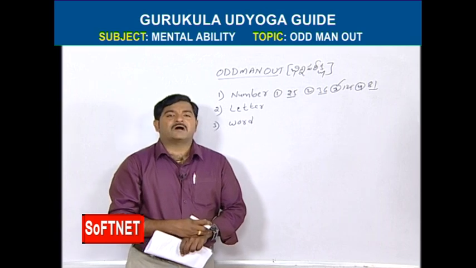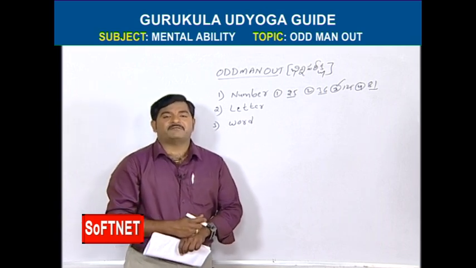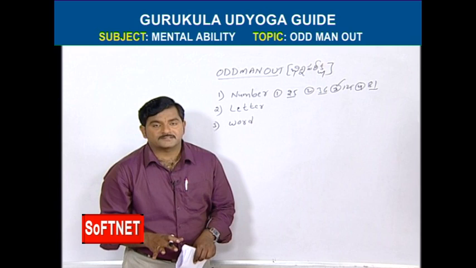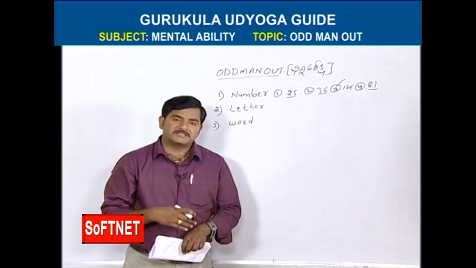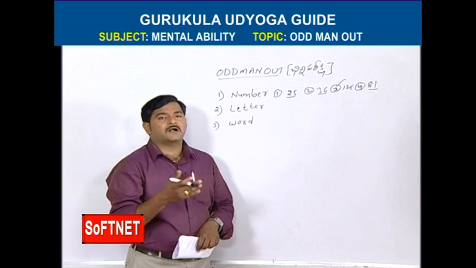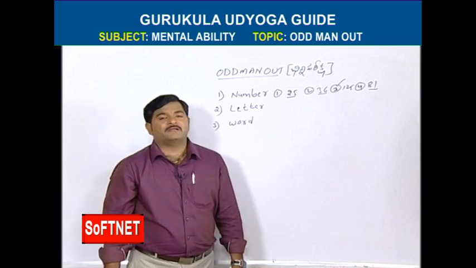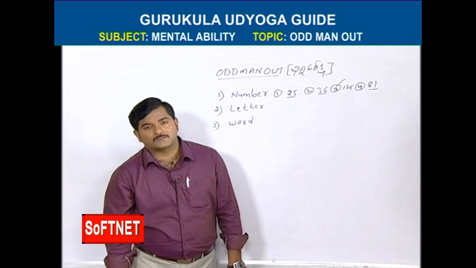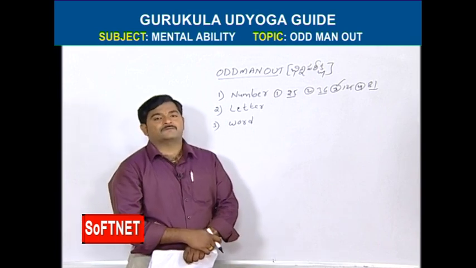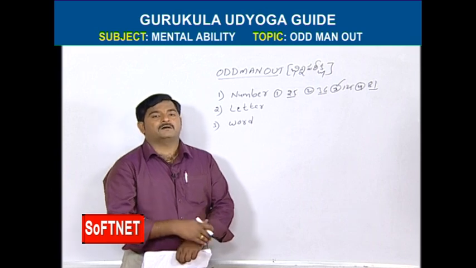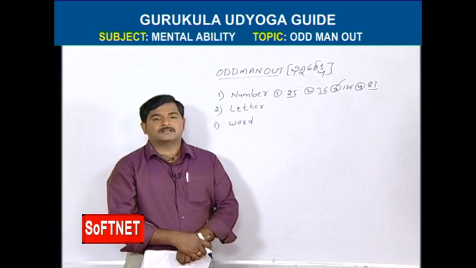All the concepts we discussed in number series in previous sessions we are going to use for number odd man out, similarly for letter odd man out, and finally for word odd man out also. Now let us start the questions on number, letter and word odd man outs.